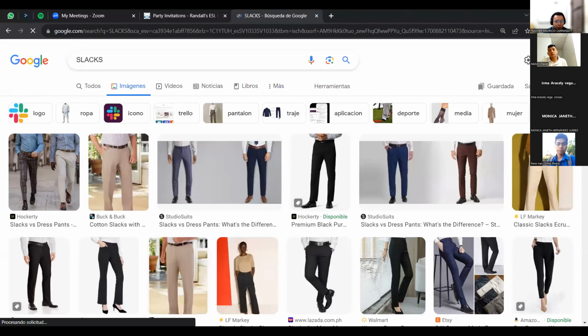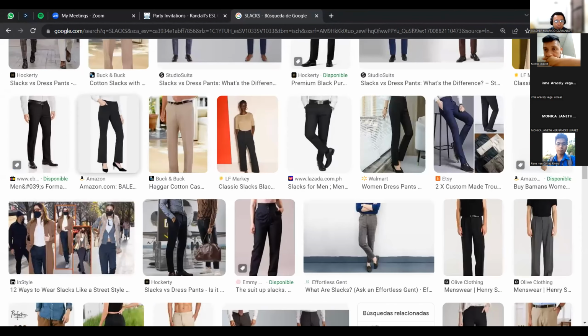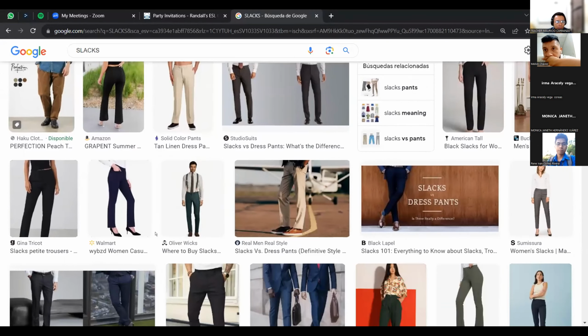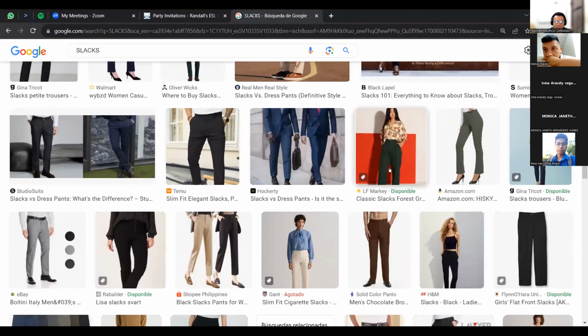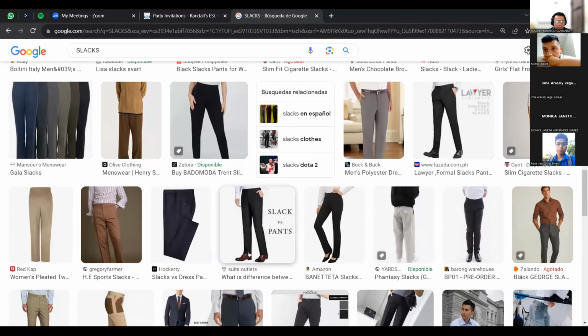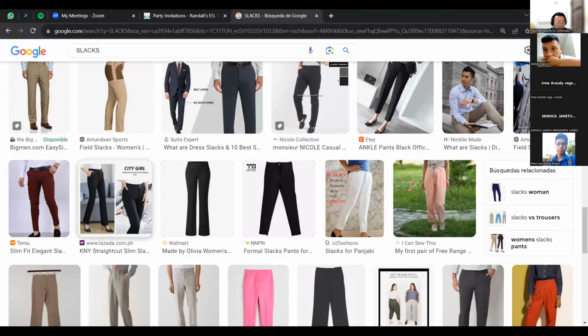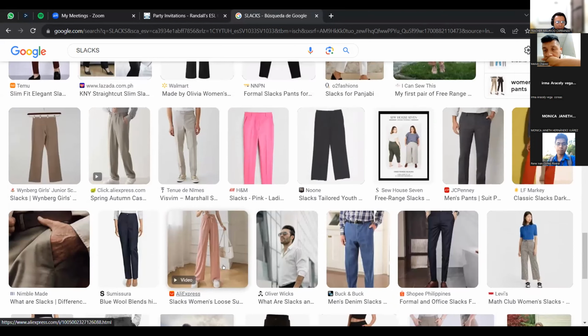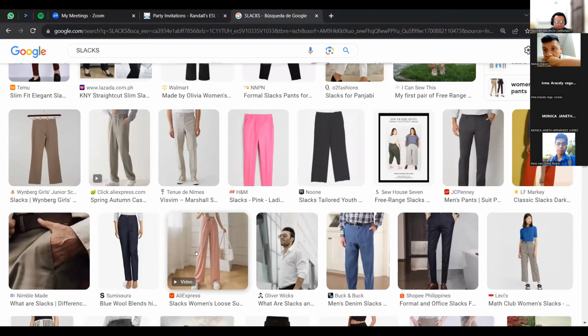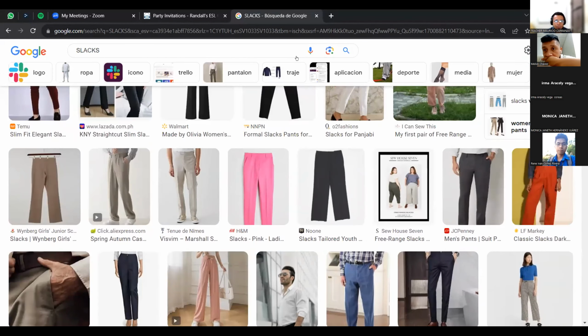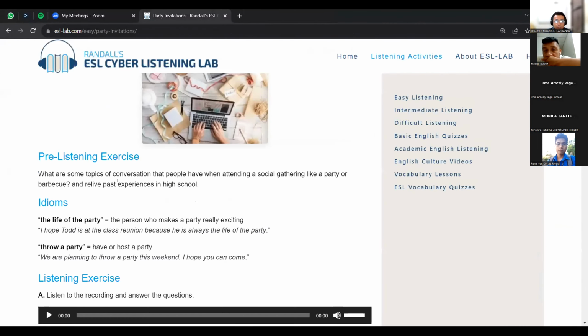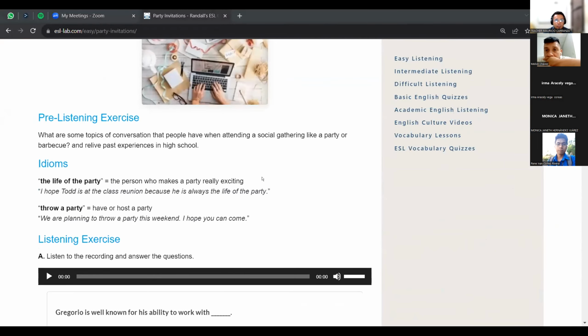Bueno, no se ven tan flojos. But yeah, it's similar to what people used to dance in, okay? Estos son como formales, pero a veces son así como flojitos de abajo. Aquí hay como una mezcla. I don't know, similar to this. Okay, so we're gonna listen to the audio. Here we go.